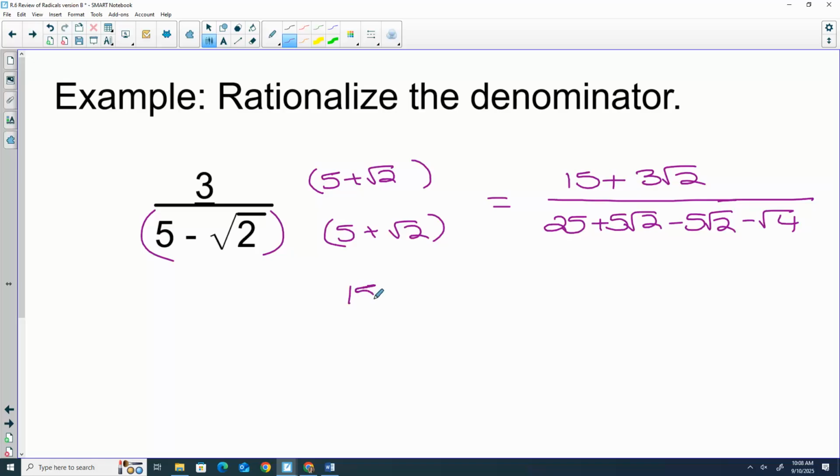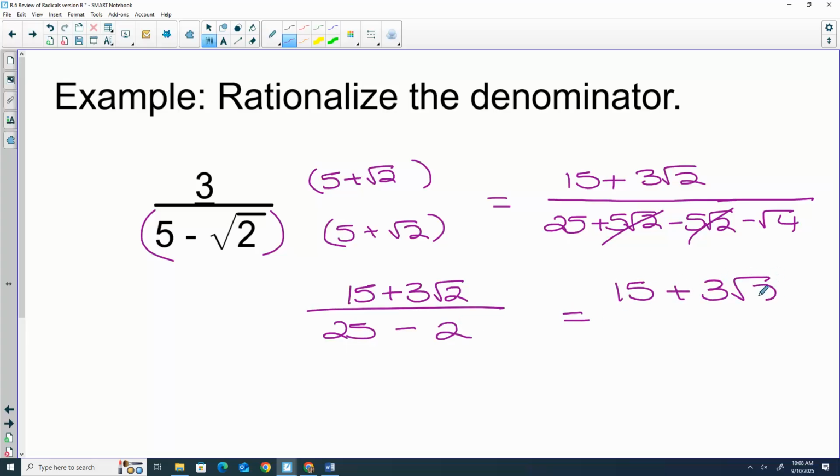3 radical 2, we can't break that down, so the numerator just stays as is. Denominator, we have 25, the 5 radical 2's cancel, minus the square root of 4 is just 2. So we get 15 plus 3 radical 2 over 23. Always double check here that it can't be reduced.